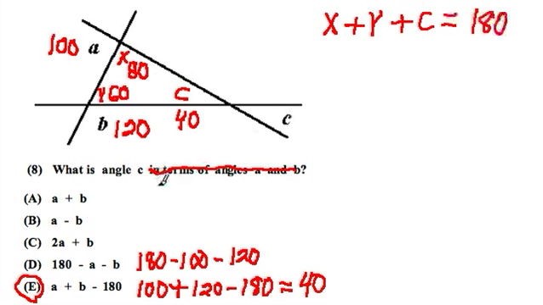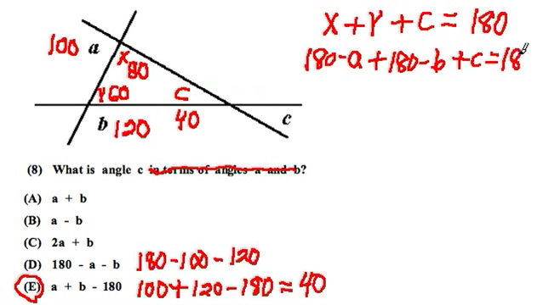And in terms of problems, algebraically means this is on the left and these variables are on the right. So we need to get those variables into the equation, and X is 180 minus A. And Y is 180 minus B. So we can subtract 180 from both sides.